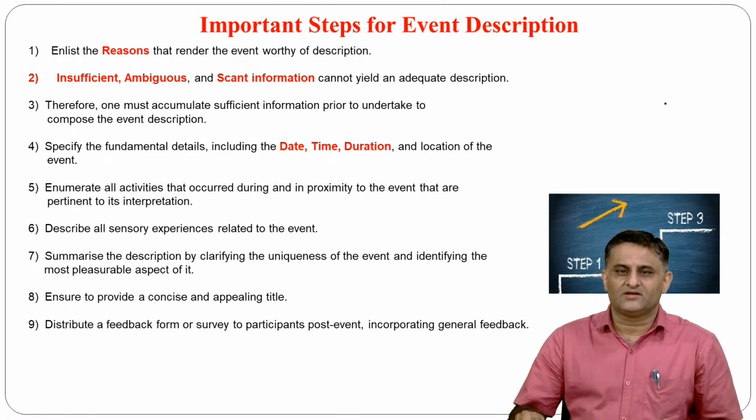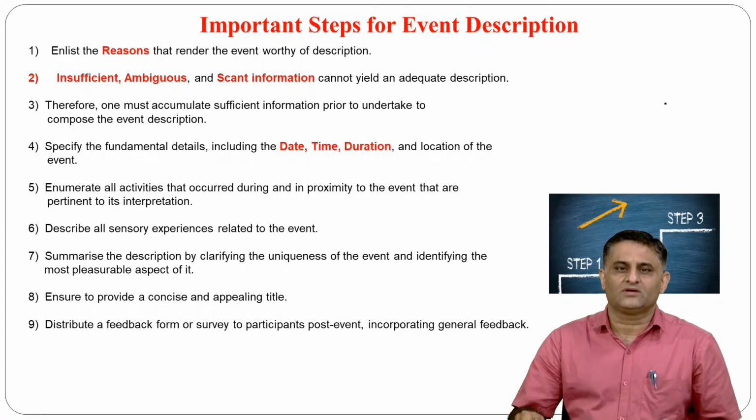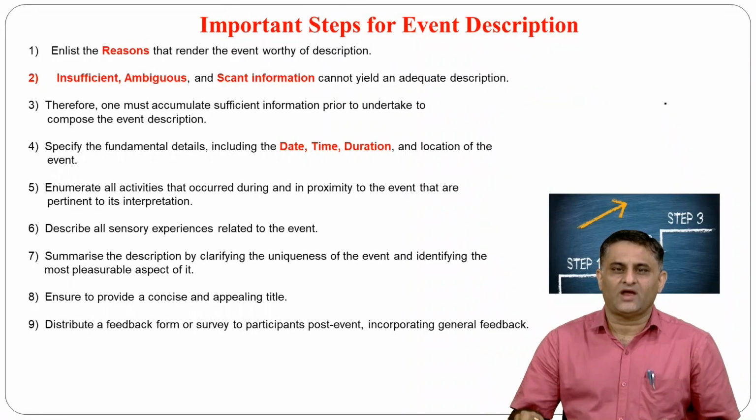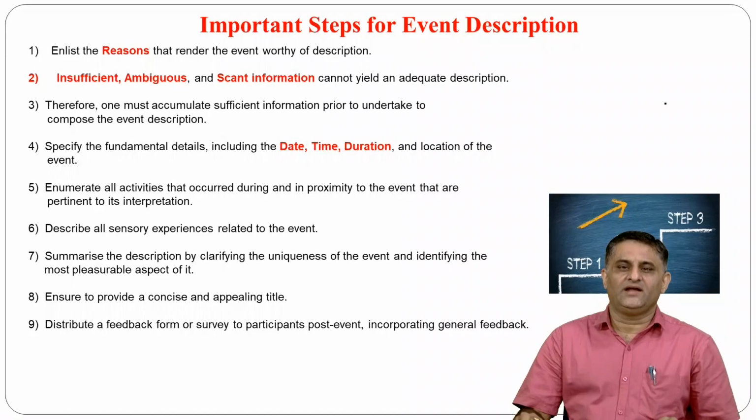A well-written description should list all key activities that took place along with any significant happenings around the event. It should also include sensory details to make the experience more vivid. The uniqueness of the event and its most enjoyable aspect should be highlighted in the summary.